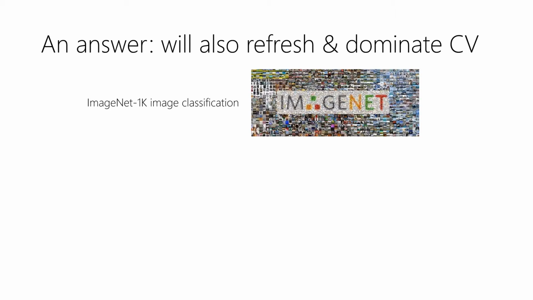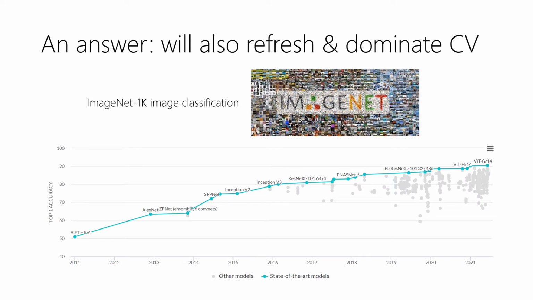Let's say the first benchmark, ImageNet 1000 image classification. This task is the most important benchmark in computer vision to date. The task is to categorize images into 1000 classes. This figure shows the best methods across years.